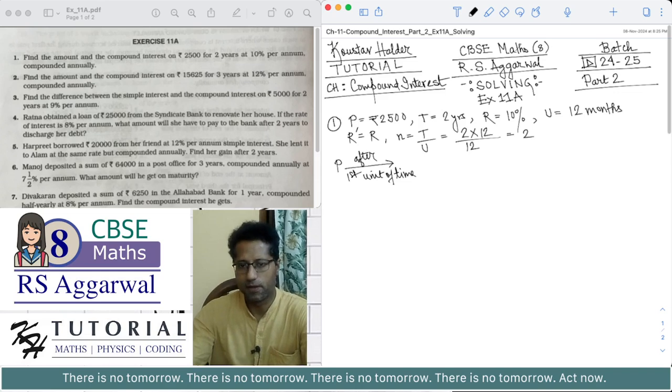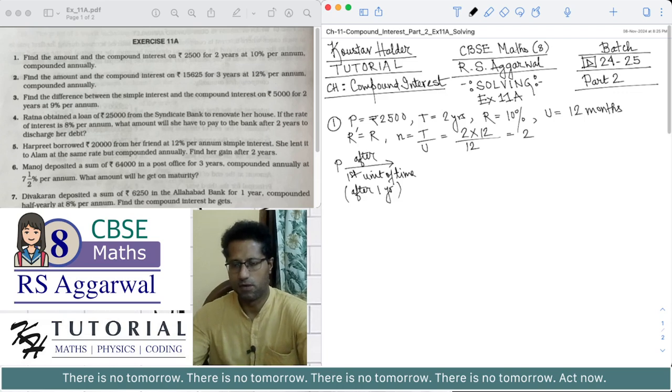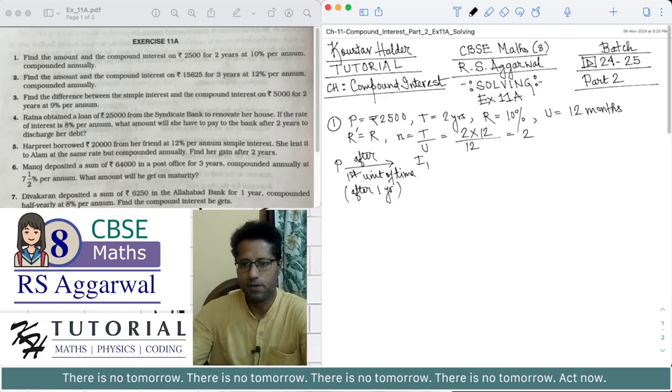So after the first unit of time, alternatively after 1 year, because the unit of time in this problem is 1 year, the interest will be I1, equal to P R dash by 100, and the amount A1 is equal to P plus I1, and the next principal P1 will be equal to A1.